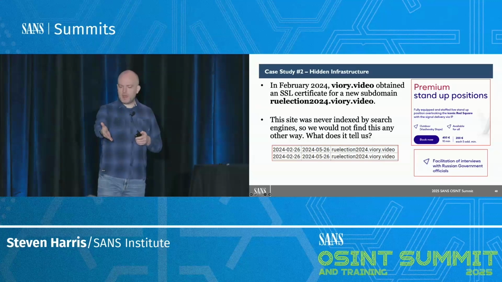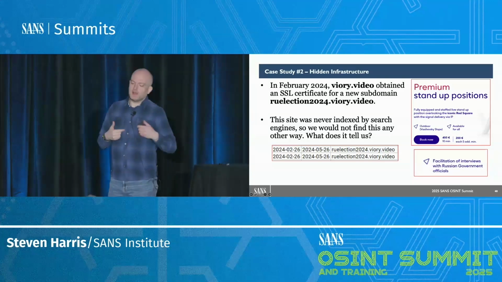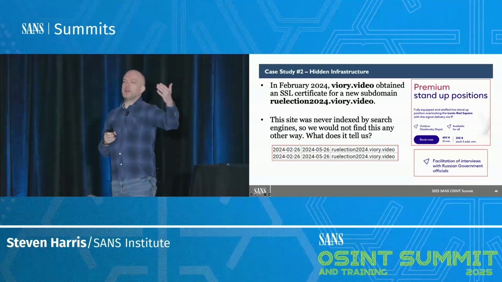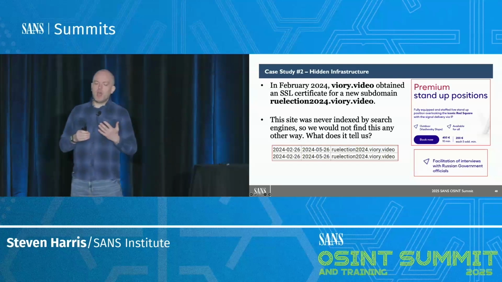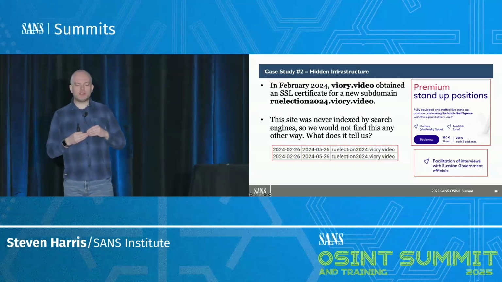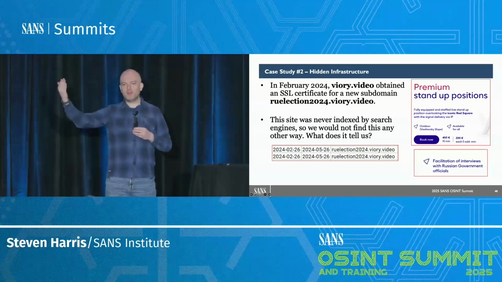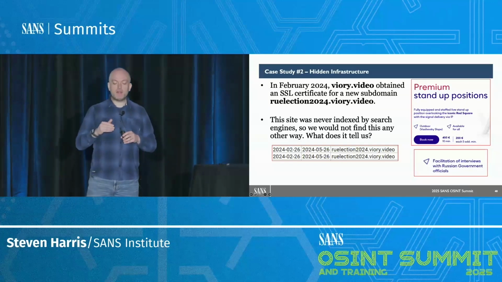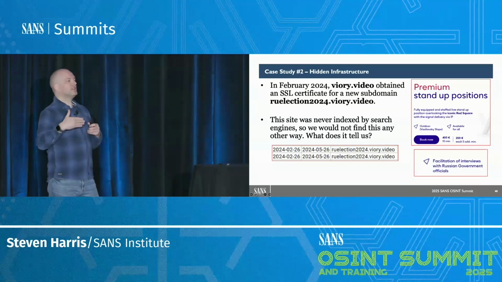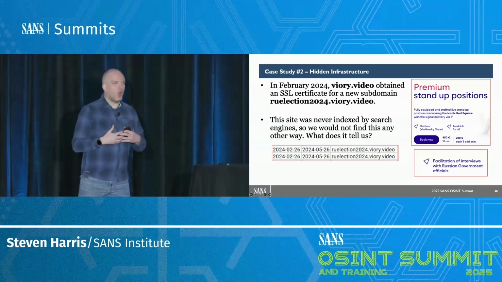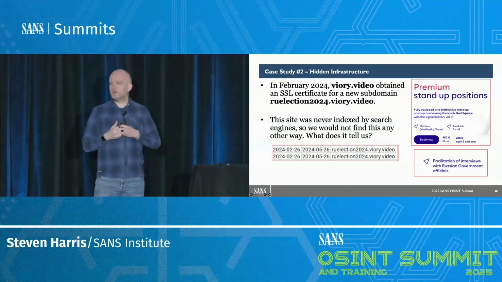You could pay 450 euros, and that gives you a front row seat for the announcement of the Russian election results. You can have a fully equipped and staffed live stand-up position overlooking Red Square for when they re-announce the election of President Putin. They also offer to facilitate direct interviews with Russian politicians and government officials.